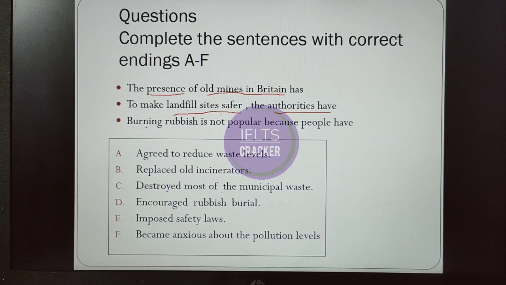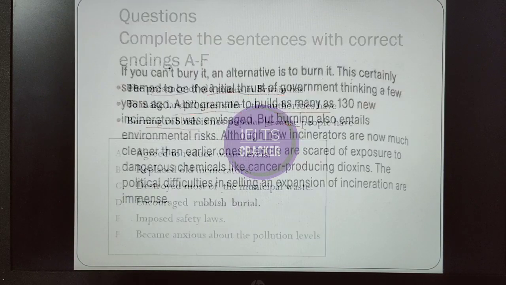So burning rubbish is not a popular activity among people. Why? They have asked the reason, guys, why it is not popular. So guys, I'll not read the box as I told you earlier because it is just a wastage of time. So let's move on to the passage.